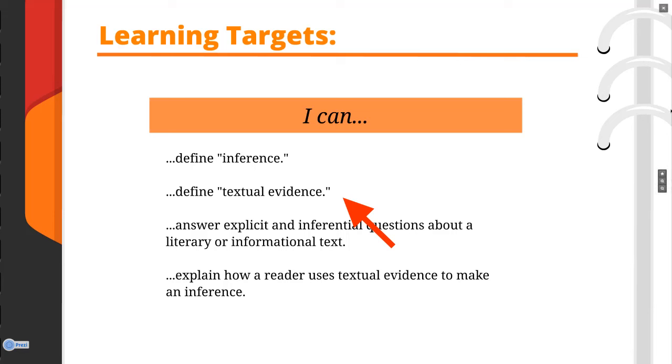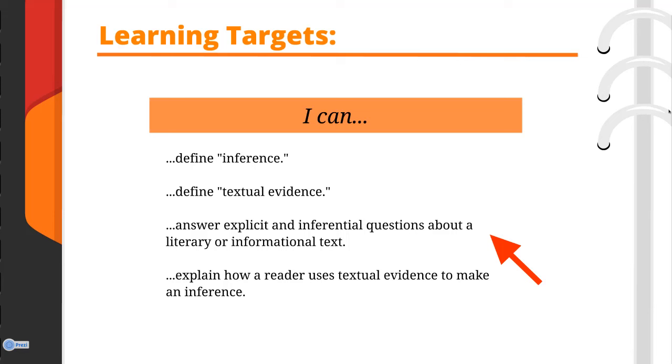Can we answer explicit and inferential questions about a literary or informational text? Remember that explicit types of questions are those questions where the answer is right there. Where are Tim and Bobby? Tim and Bobby are sitting outside the principal's office. The information is explicit. It is clearly stated in the text.